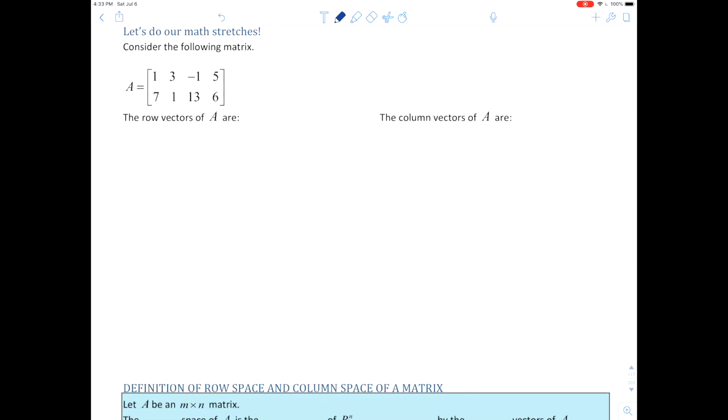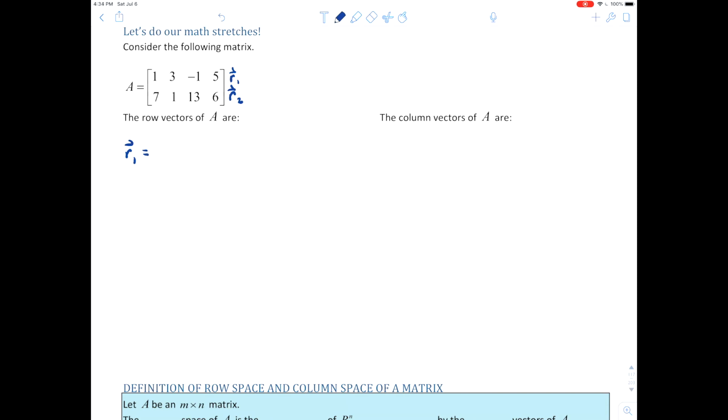Let's look at this matrix A equal to 1, 3, negative 1, 5, 7, 1, 13, 6. The row vectors of A are what? Beautiful. One of the row vectors would be row vector 1.